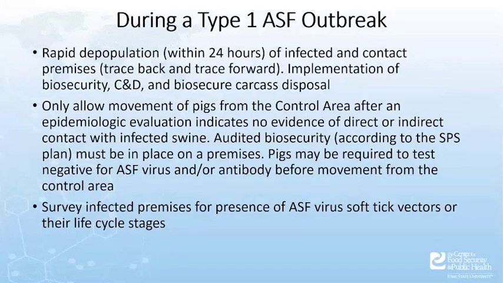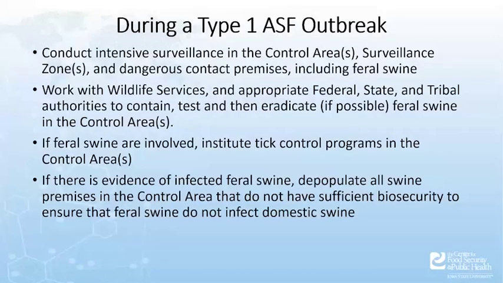Audited biosecurity, according to the SPS plan, must be in place on a premises. Pigs may be required to test negative for ASF virus and/or ASF antibody before movement from the control area. And then survey infected premises for presence of ASF virus soft tick vectors or their life cycle stages and eliminate those vectors.